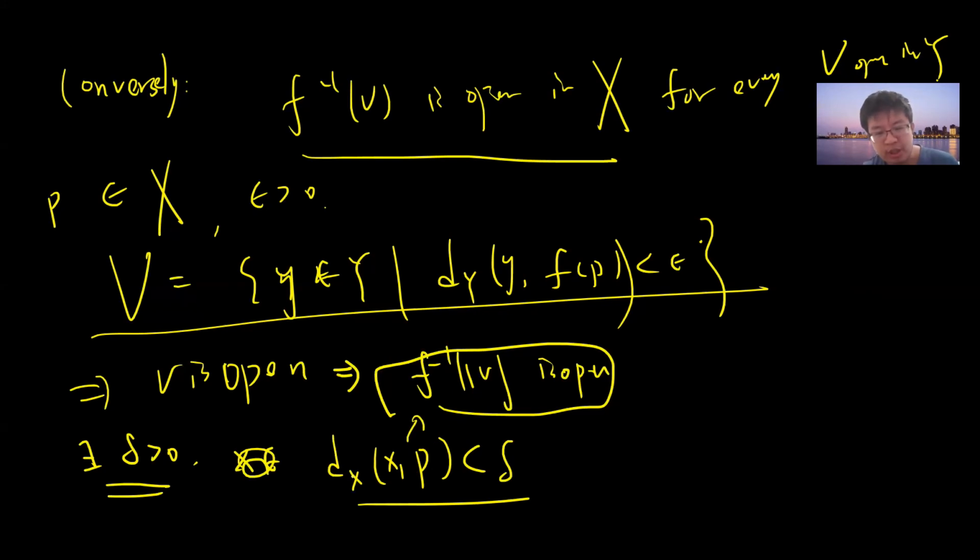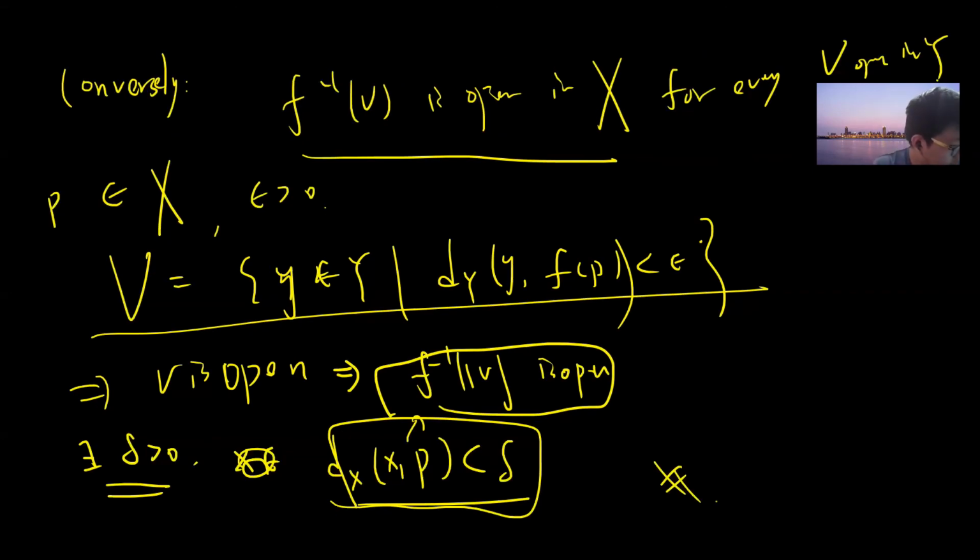But this is just saying that when x and p are close enough, then d_Y(f(x), f(p)) is less than epsilon. So this just changes your wording. I think it's not so difficult. And there's another theorem, which is obviously just a corollary.